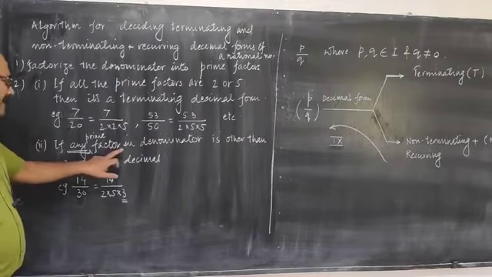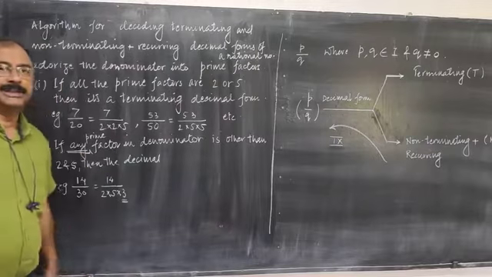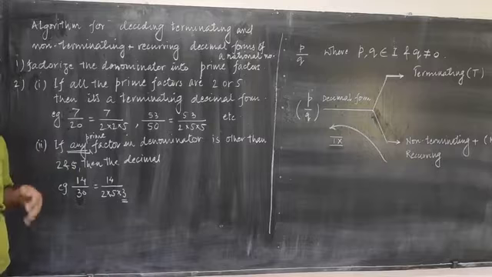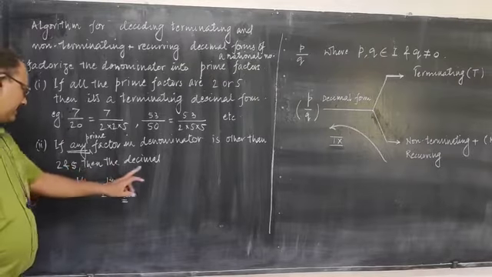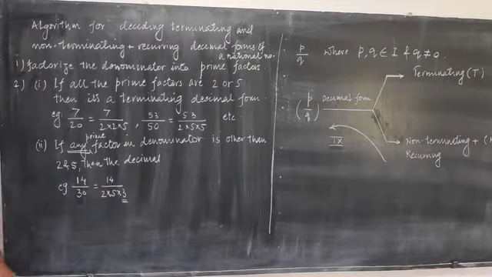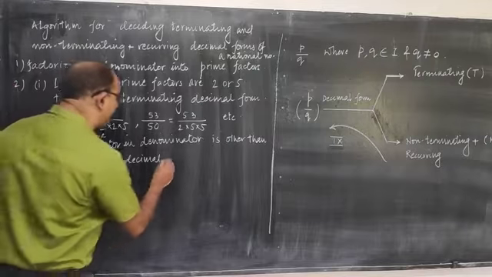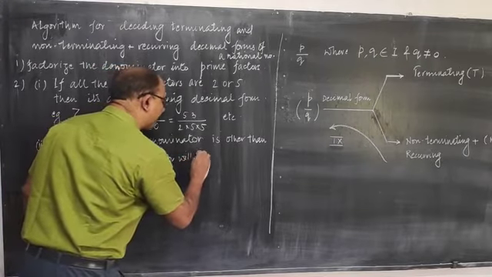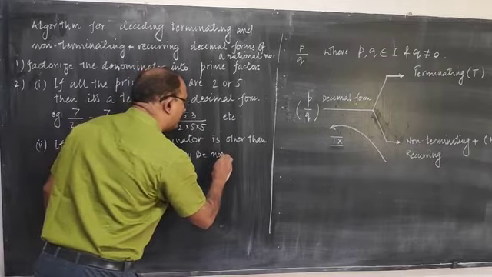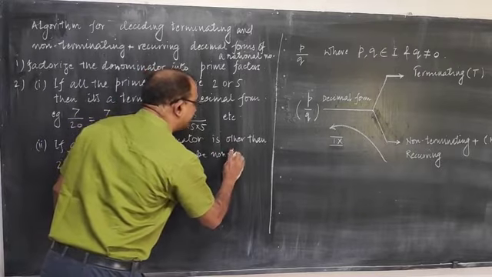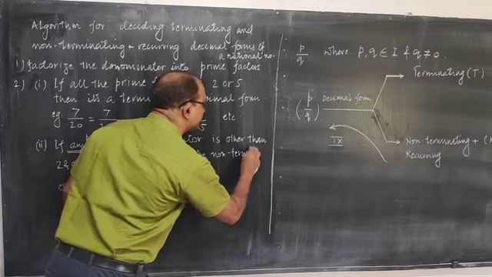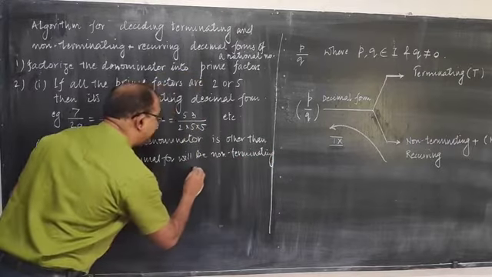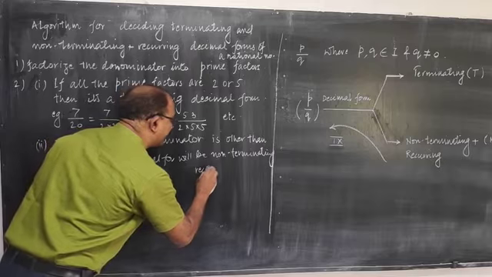If any prime factor in the denominator is other than 2 and 5, then the decimal form will be non-terminating recurring.